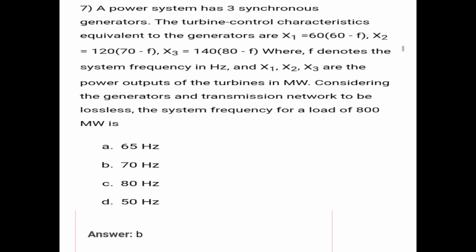Considering the generators and transmission network to be lossless, the system frequency for a load of 800 megawatt is, correct answer is option B, that is 70 hertz.